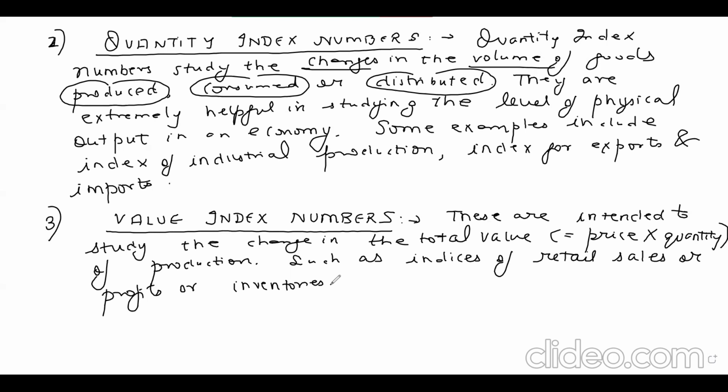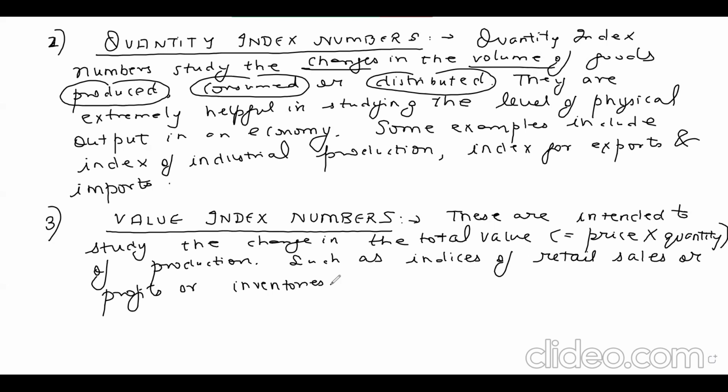Okay, so hoping students have understood this. And now this is where I stop in this particular lecture. But before stopping, I would like to also cover the basic terminologies which we are going to use. Because in the next lecture, we are going to look at methods of constructing index numbers.